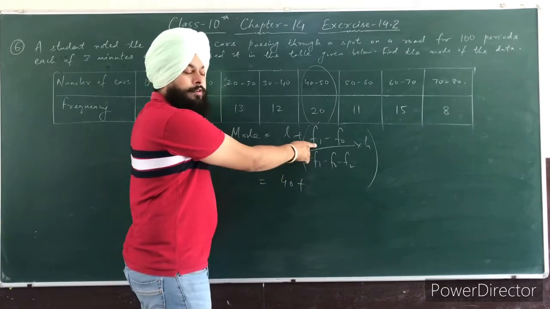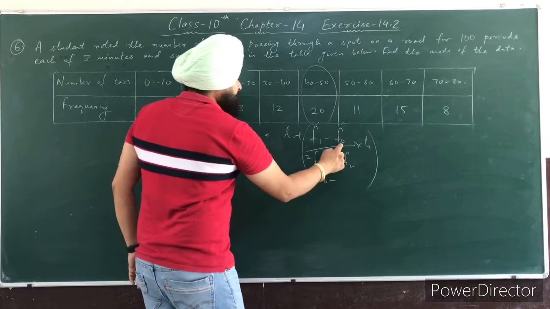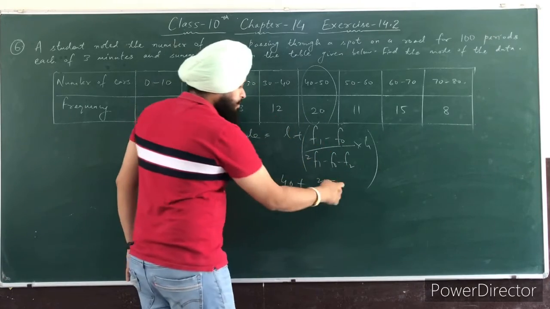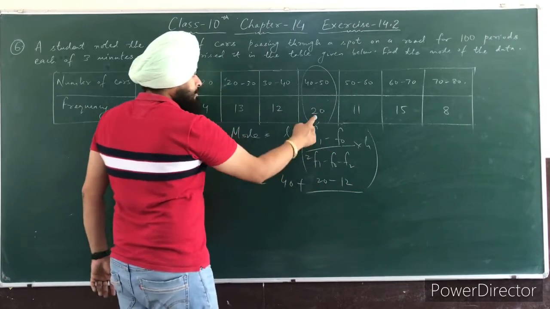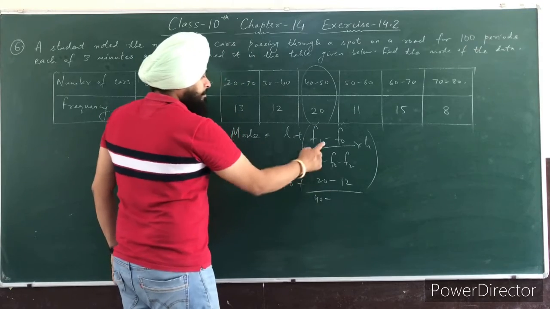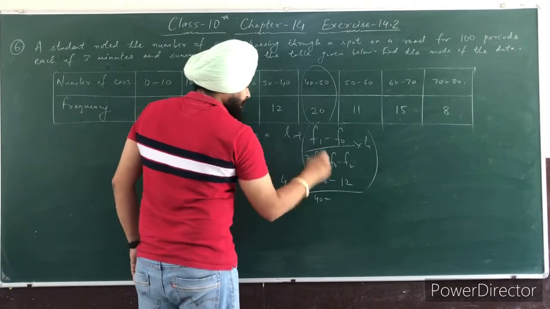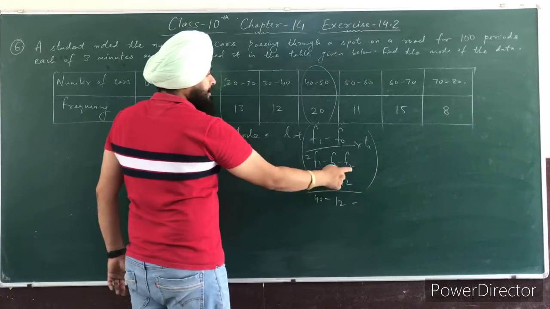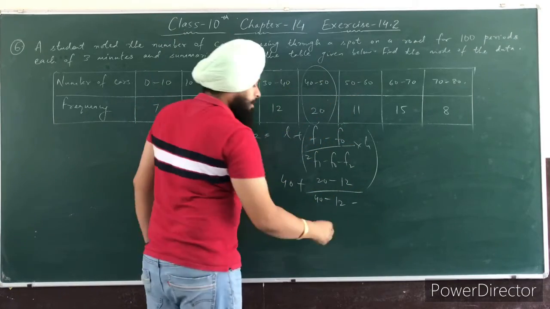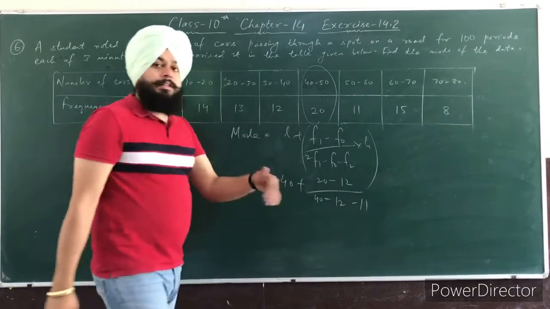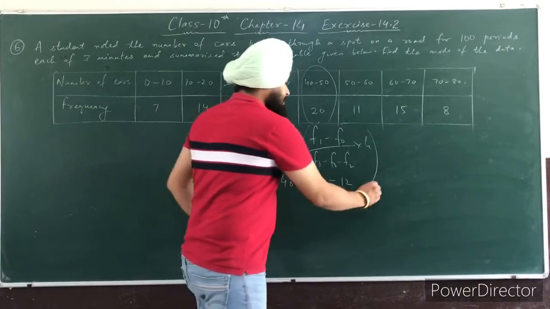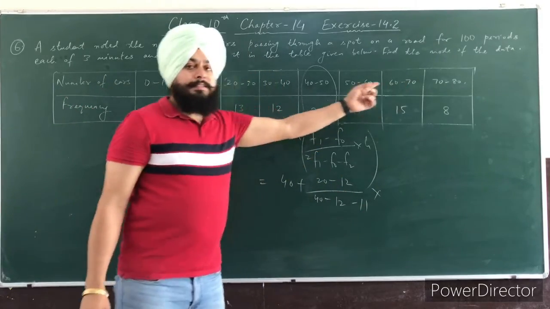F1 is the frequency of the modal class, 20. F0 is the frequency preceding the modal class, 12. 2 F1, so 2 into 20 is 40, minus F0. F0 is 12, minus F2. F2 is the frequency succeeding the modal class, into H. H is the class size. So class size is 10.